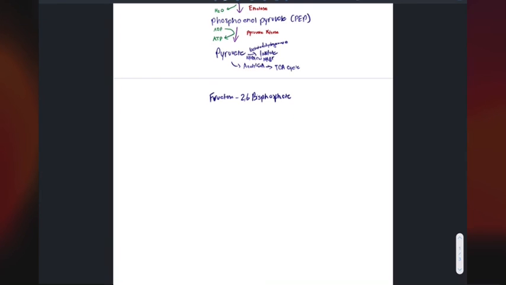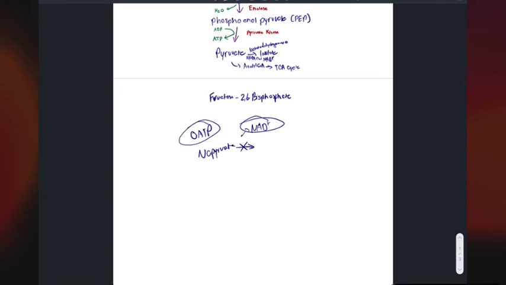And if you don't have pyruvate, which cannot regenerate NAD+, that means glycolysis can't further happen as well. So 0 ATP, 0 NAD+, pretty much the whole glycolysis is useless because you're not making ATP, and if a cell doesn't have ATP, then you're out of luck. So that's going to result in the cell dying.